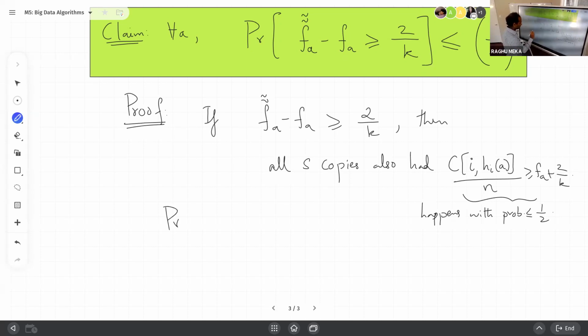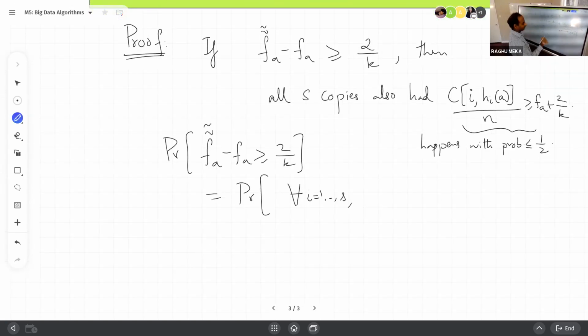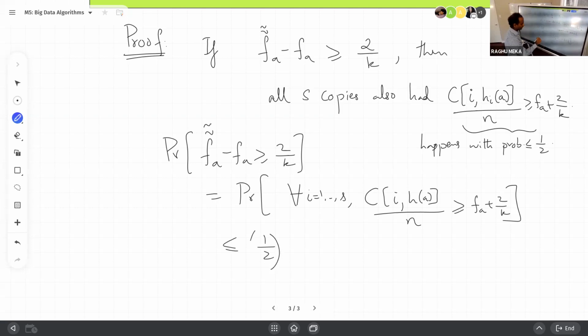So the probability that this is equal to the probability that for all i from 1 through s we have this. But these are all independent, so we get this is at most 1 over 2 to the s. Okay, any questions?